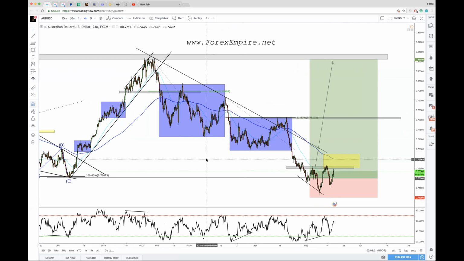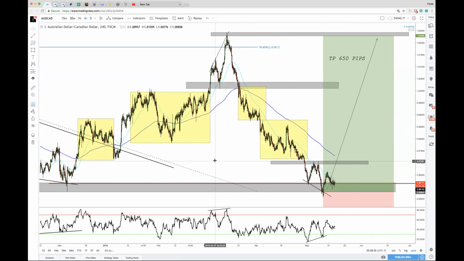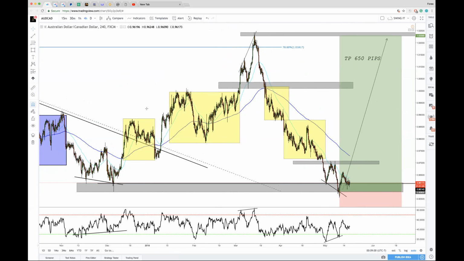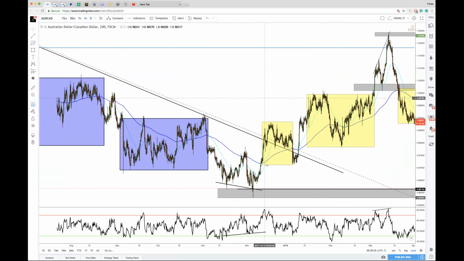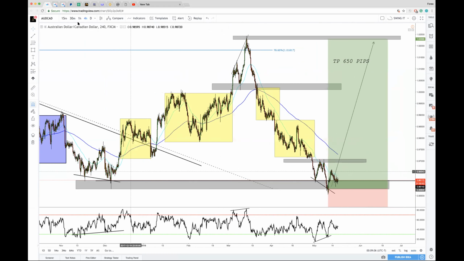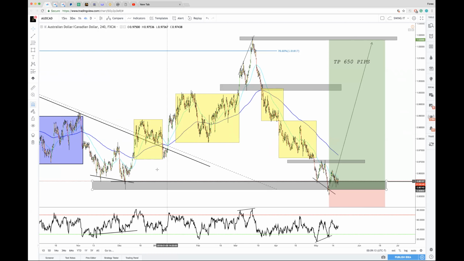All right, next would be AUD CAD. AUD CAD is the same situation. Basically, I don't want to go back all the way here, but there are more charts already marked up. But as you can see here on a 4-hour time frame, nice W formation, right? Create the support, price pulled back up, broke the trend line.